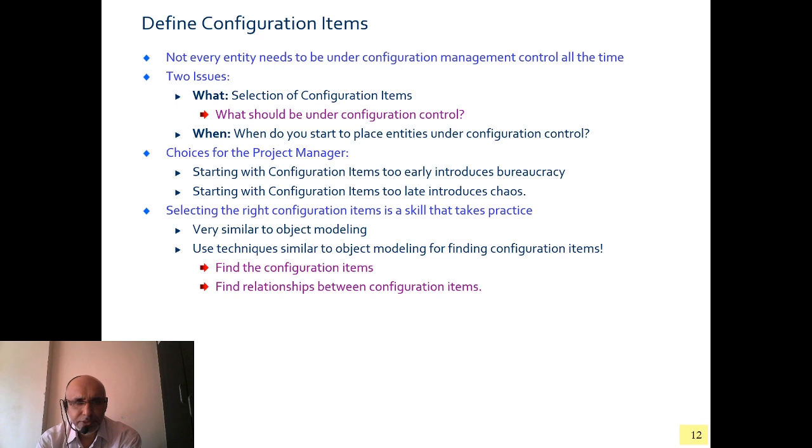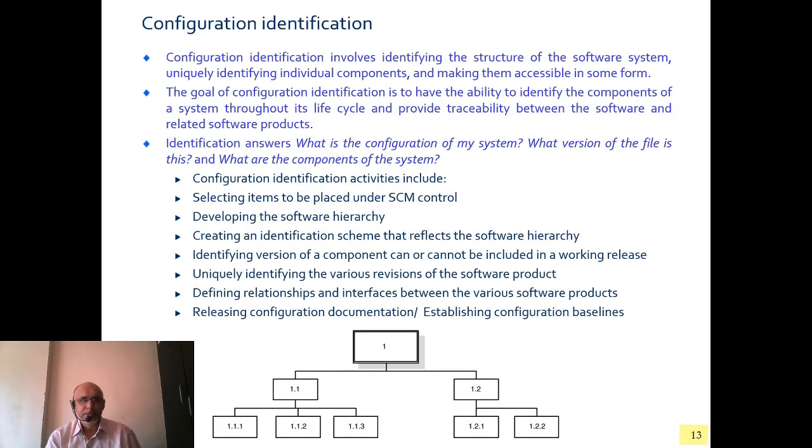Selecting the right configuration items with skills and then finding out the techniques similar to object modeling that is comparable to UML, right? So, CI answers the question, what is the configuration of my system?